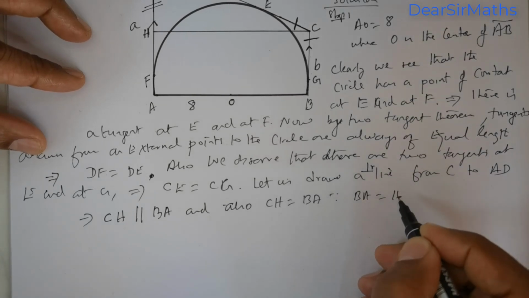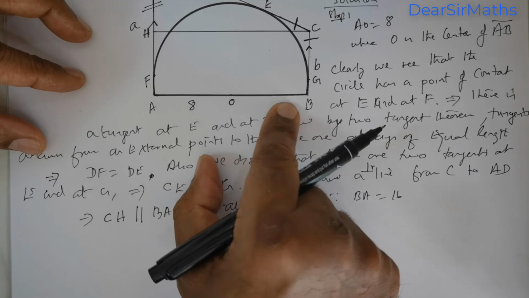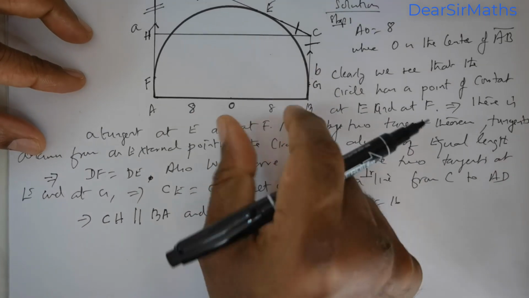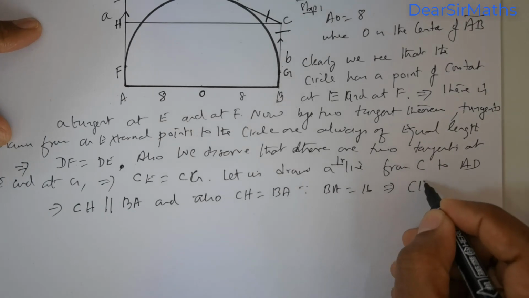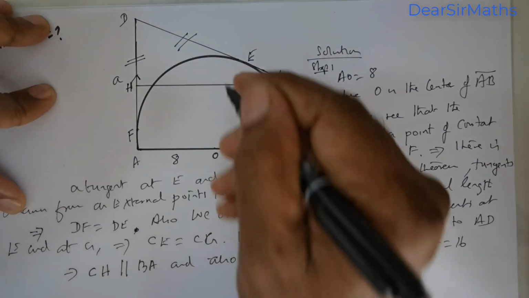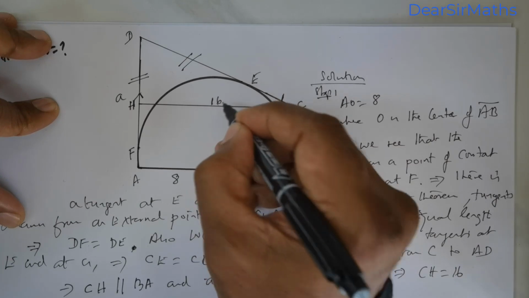Since BA is equal to 16, this is 8, so this also will be 8 units, and so the entire length CH is going to be 16 units.